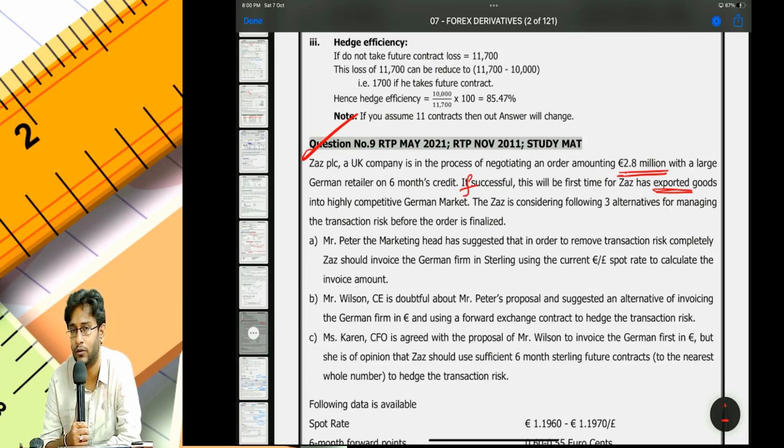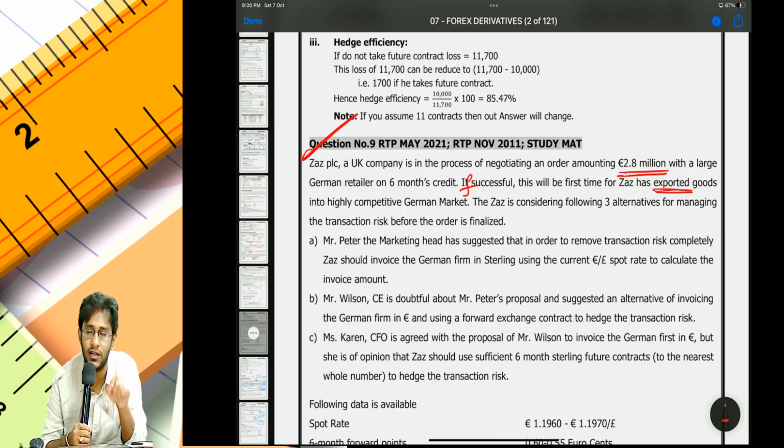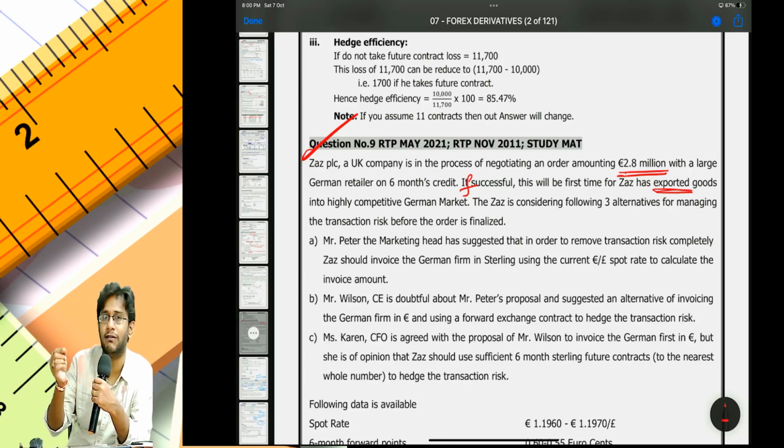Don't invoice in euro. Invoice in pound. You are a UK company. Invoicing in pound means foreign exchange risk got completely eliminated. For that, take today's spot rate, work out the equivalent of 28 million euros in pound terms, identify that as the invoice amount.